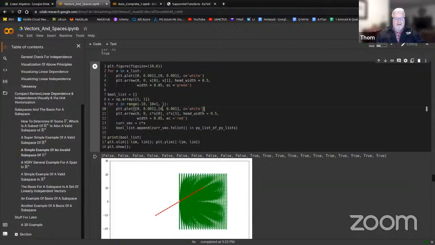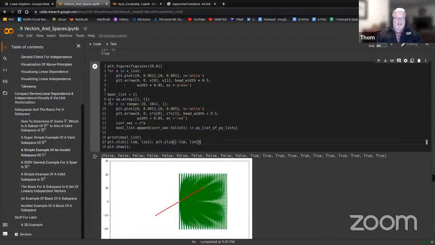And again, this is our fake tiny white plot to form this. And then we make sure the limits are the way we want them down here. But again, we're just plotting arrows. First, we plot these C times x0 and x1.